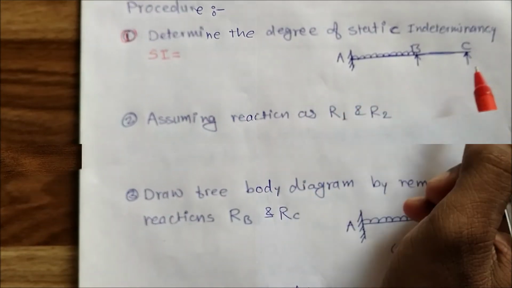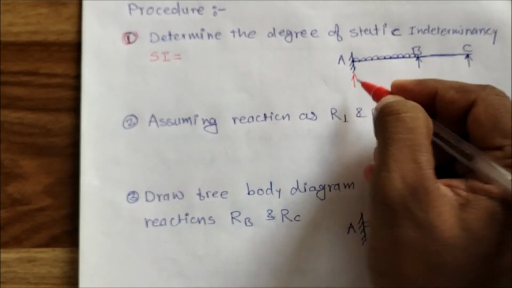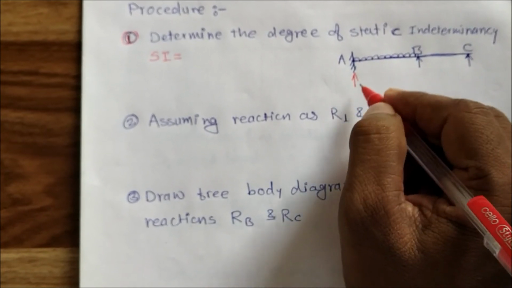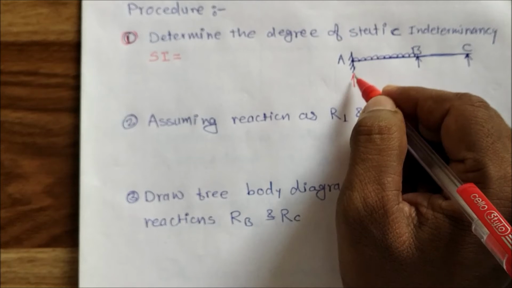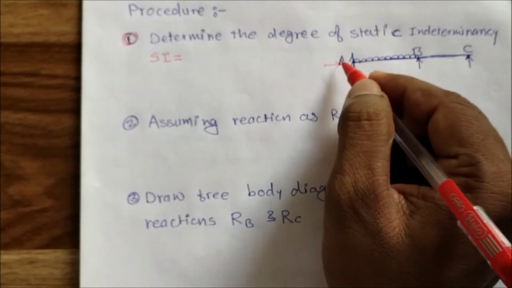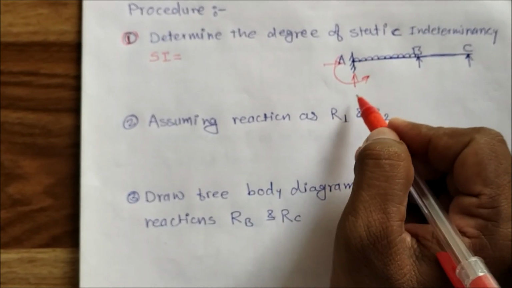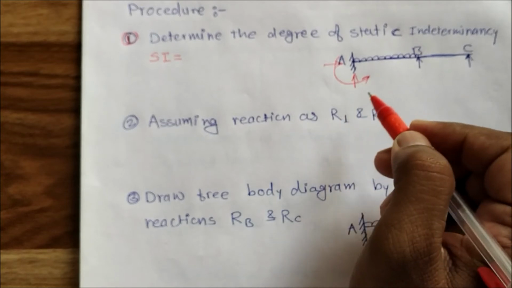Let's suppose this is a continuous beam. At support A there are 3 reactions: vertical, horizontal and moment.